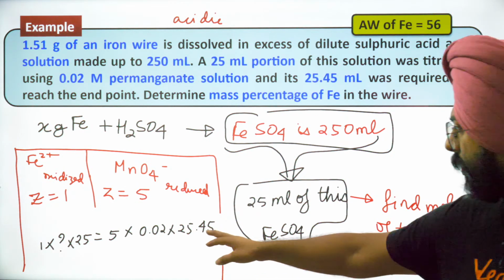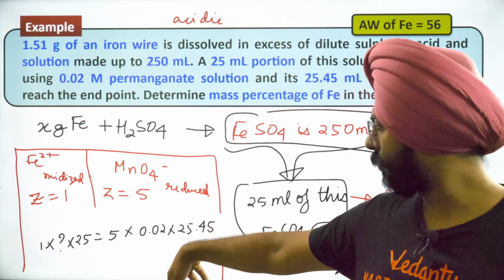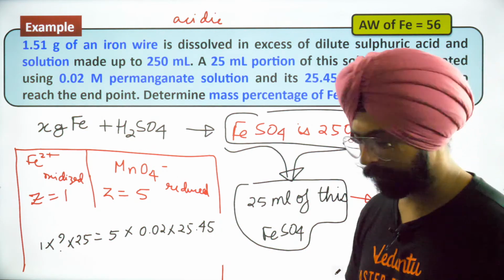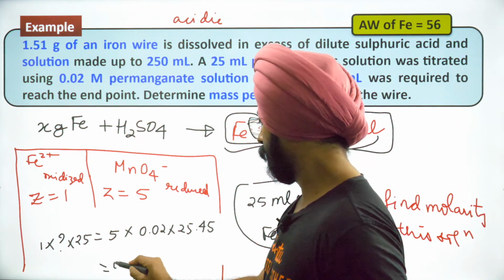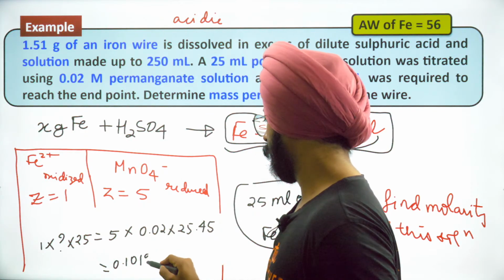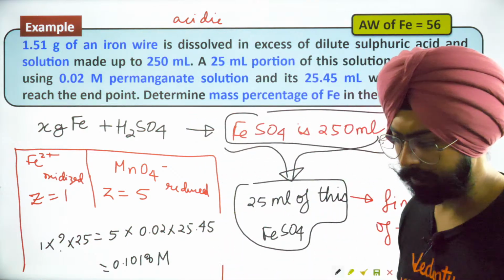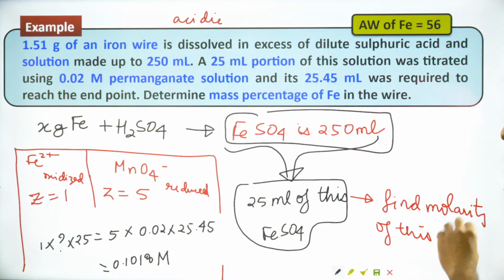So this will be 25.45 into 0.02 divided by 5. Exactly, 0.1018 molar comes out.